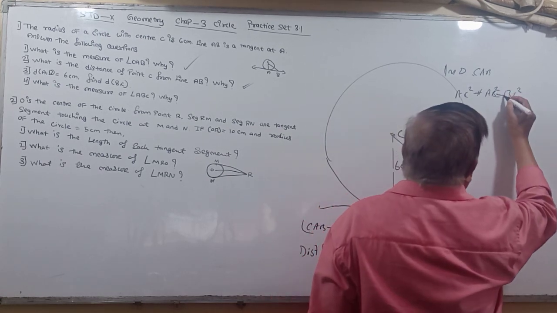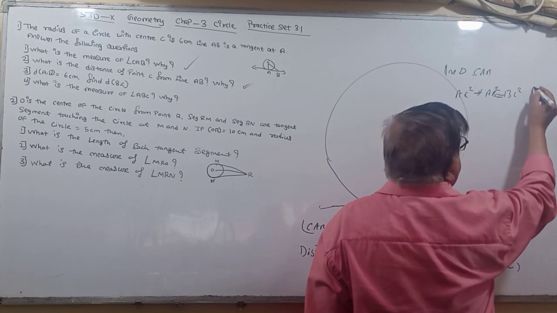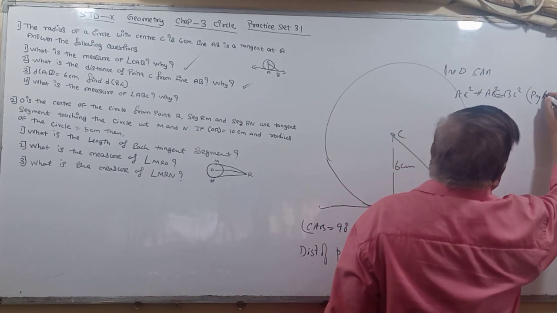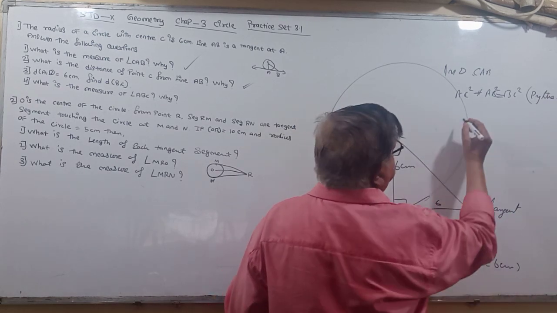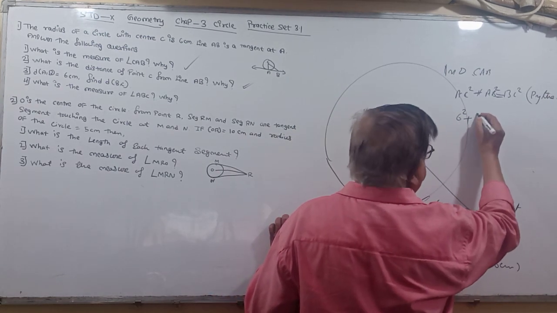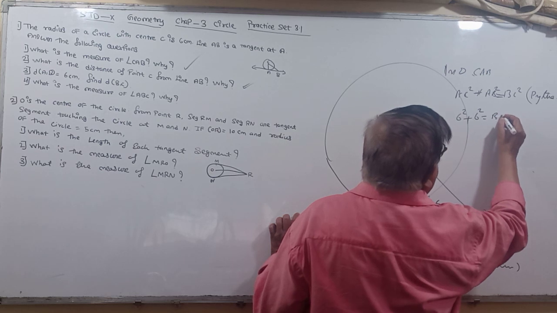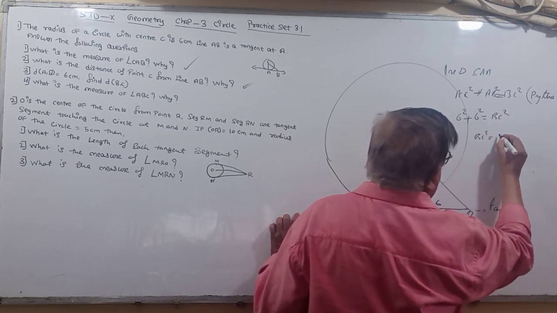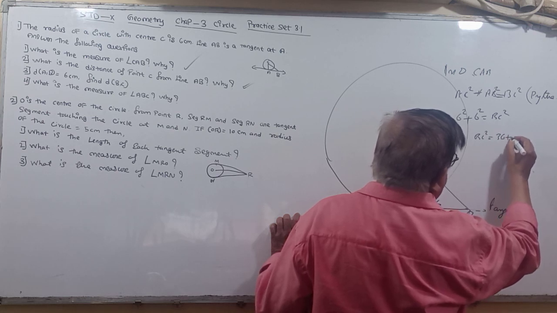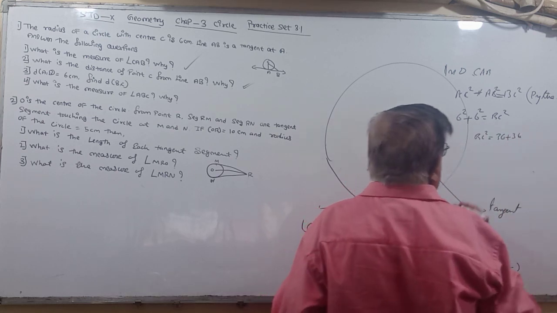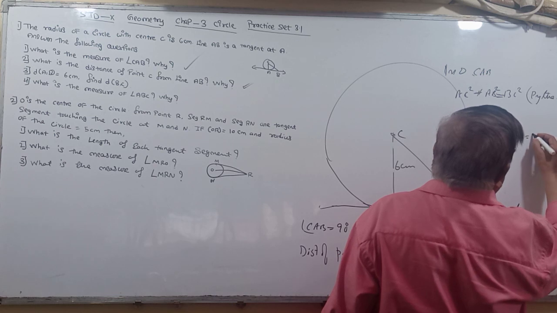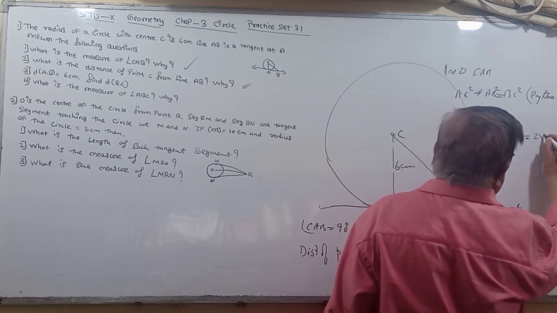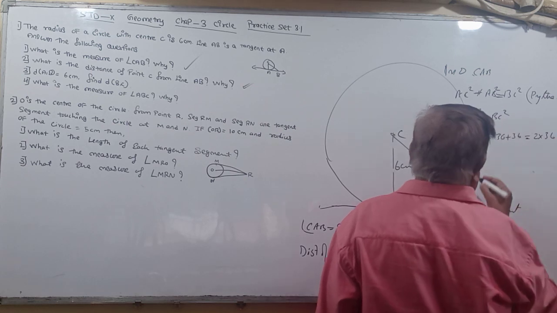Reason is Pythagoras theorem. This angle is 90 degrees. Therefore 6 square plus 6 square equal to BC square. Therefore BC square equal to 36 plus 36 equal to 72, or equal to 2 times 36.